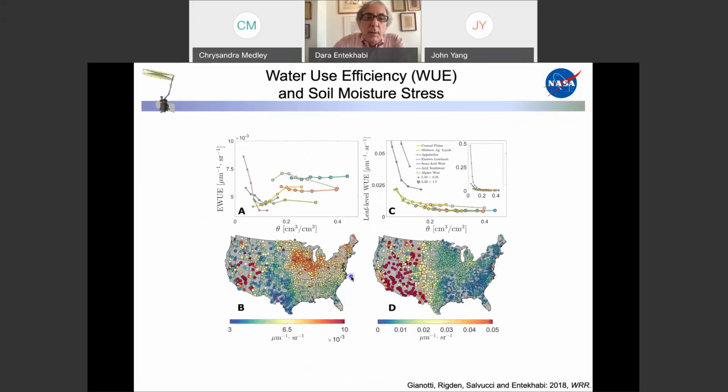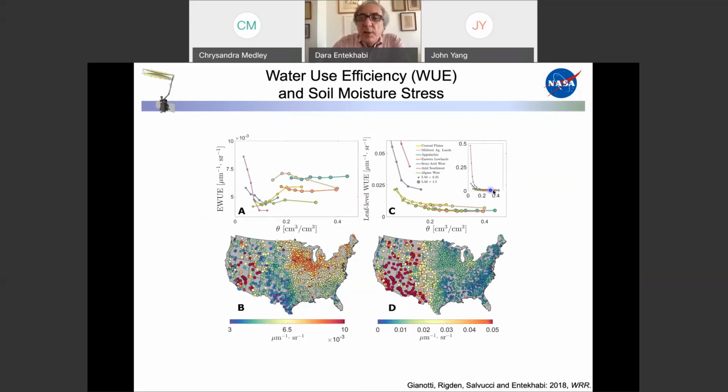We can take the carbon flux and turn it into a water use efficiency. So this is the landscape water use efficiency, that's per unit area of land. This is normalized for the vegetation fraction. So this is leaf level water use efficiency, which we are mostly used to looking at.